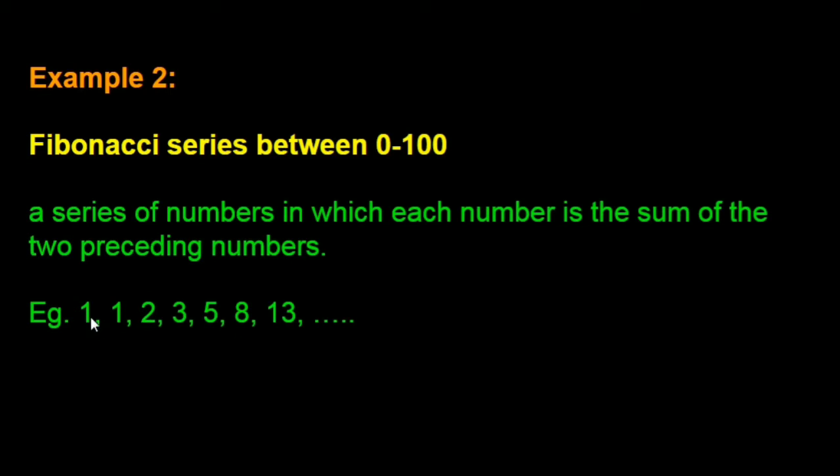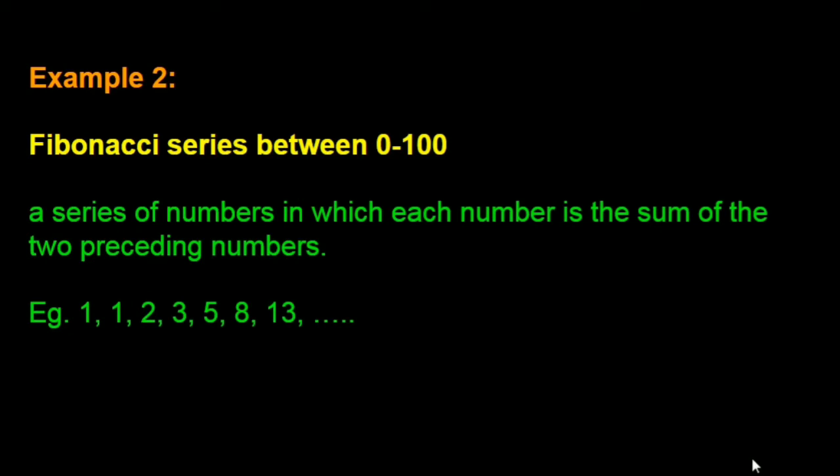It starts from 1 or 0 also, it doesn't make a difference. So 0 plus 1 will give you 1. Next 1 plus 1 will give you 2, 2 plus 1 will give you 3, 2 plus 3 gives 5, and so on. So this is basically the Fibonacci series.